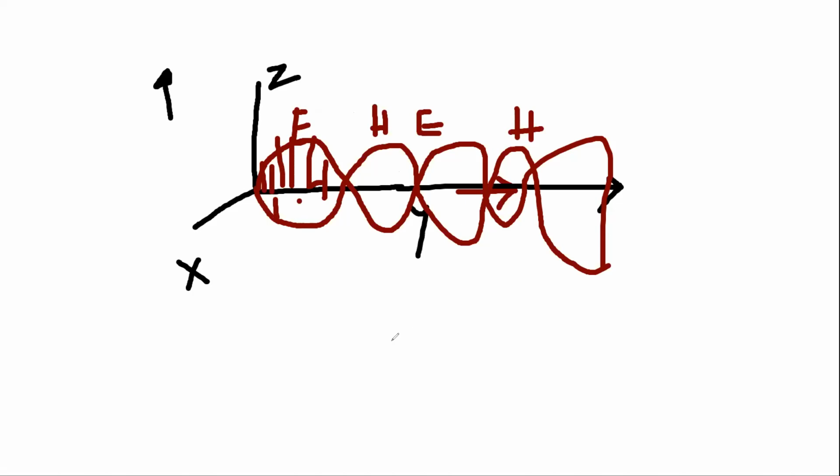What is the direction of the magnetical field vector? It is along a perpendicular direction. Both electrical and magnetical vectors are perpendicular to each other. Clear?